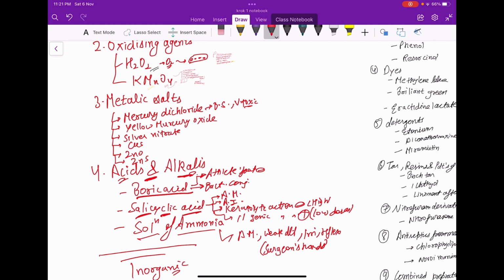Thereafter again, guys, there is the yellow mercury oxide. It must also be very toxic, right? Because there is mercury in here, and it's not soluble. It is used in the form of ointment for the treatment of pyoderma, psoriasis, seborrhea, and pediculosis.